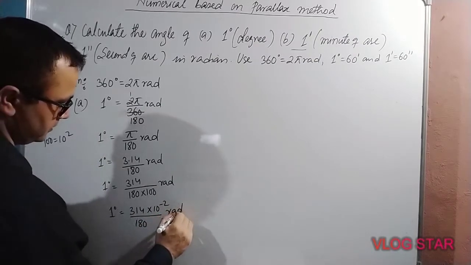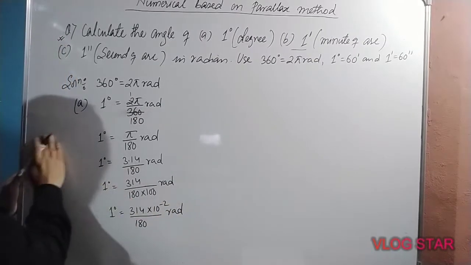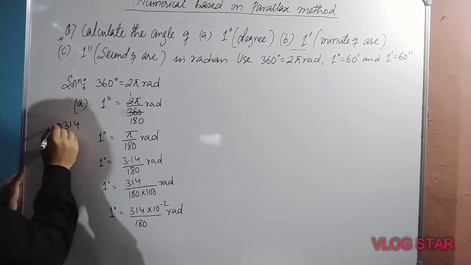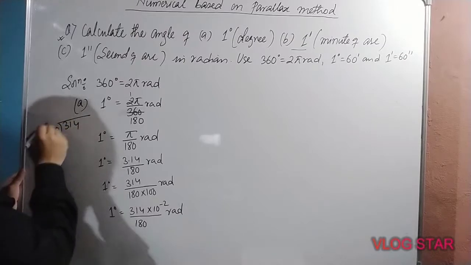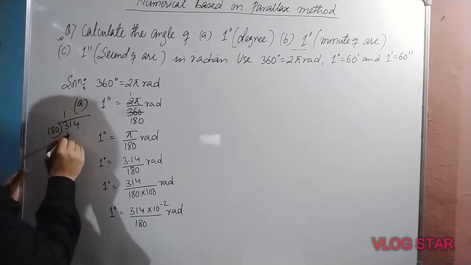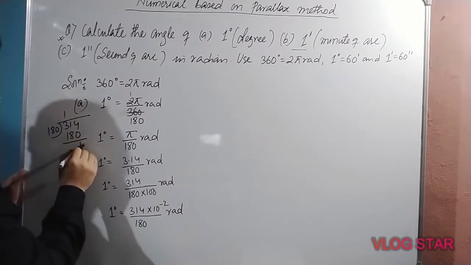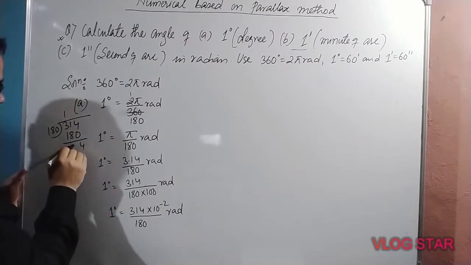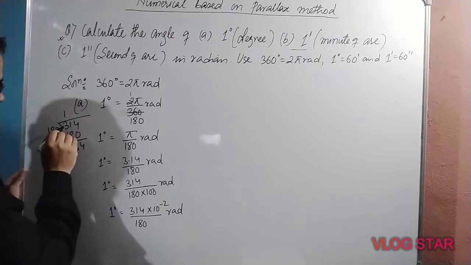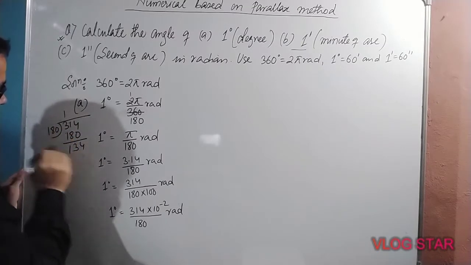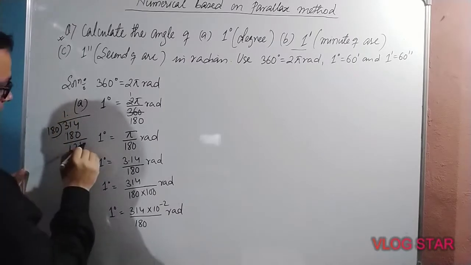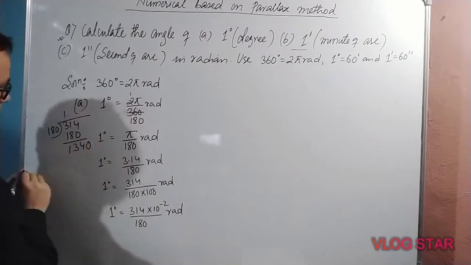Now divide 314 by 180. 4 is left here. 11 minus 8 is 3. Then 2 minus 1 is 1. Put the point 0.